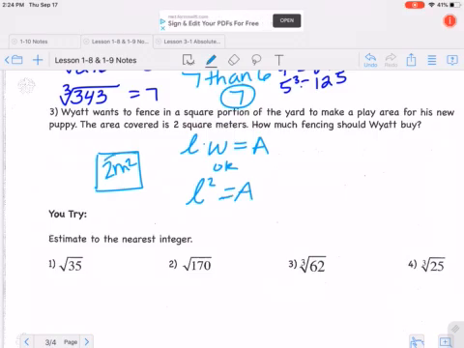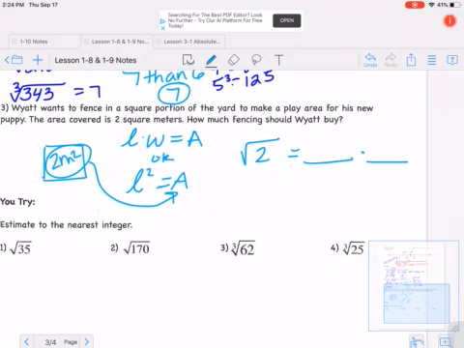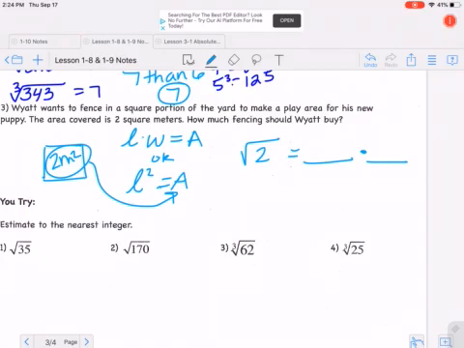So I'm going to say my 2 meters squared is going to go in for A. So I would say I have to find the square root of 2 to get what times what is equal to that. So I'm looking for one side. So one side, if I were to take the square root of 2, is going to be about 1.41, I believe.